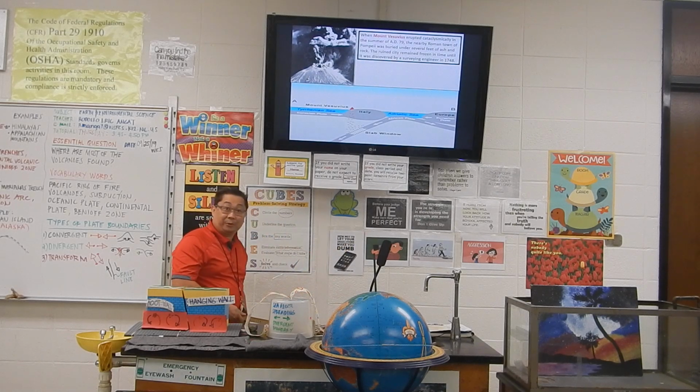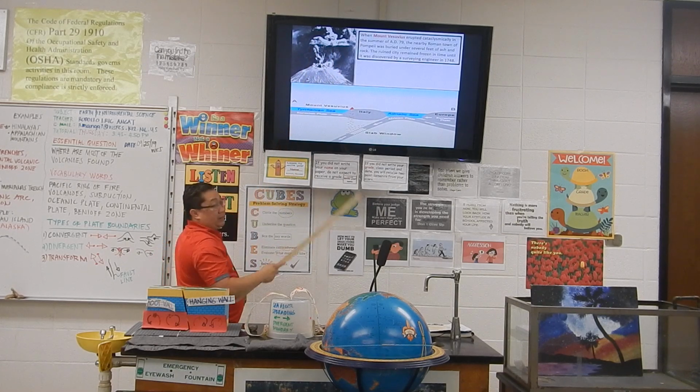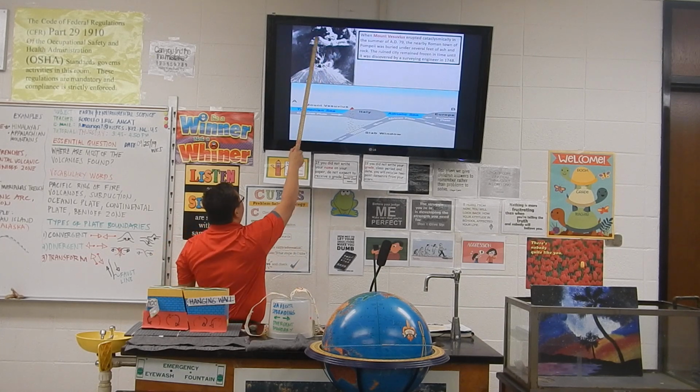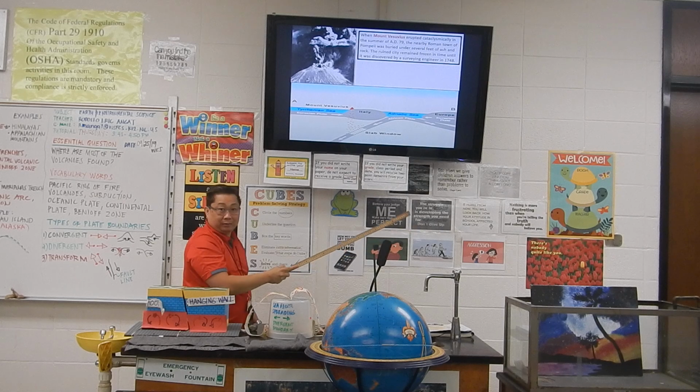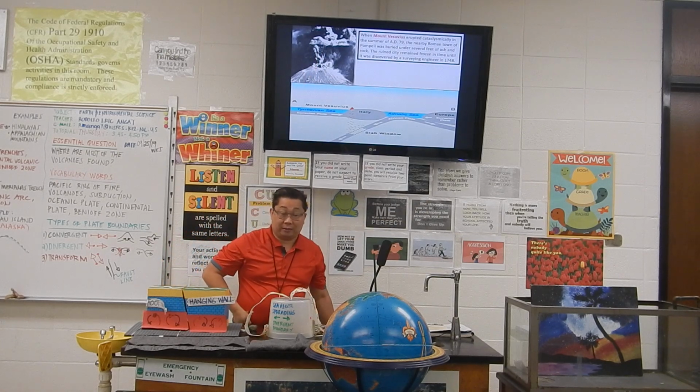Of course, this is up for debate. Most believe that the most fearsome effect of volcanic eruption is the pyroclastic material. It can be a pyroclastic flow, pyroclastic cloud, but it's the pyroclastic material.